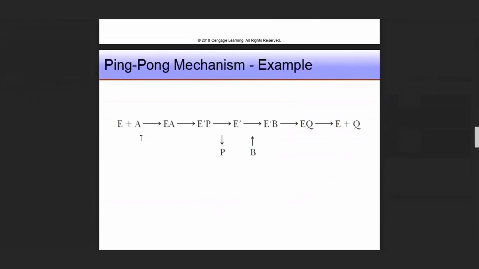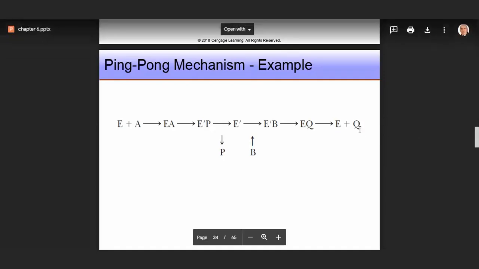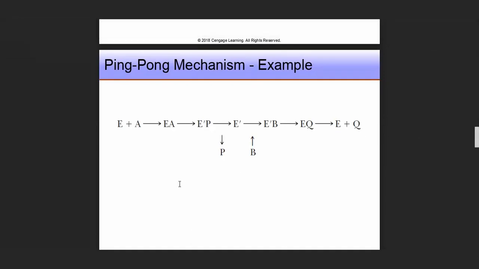In the ping-pong mechanism, the first substrate binds, then a reaction takes place, and the first product is released. Of course, here E prime is different than E, because of the reaction. Then substrate 2 binds to E prime to form E prime B, then the reaction occurs to form EQ, and Q is released. So this is ping-pong. You remember the game called ping-pong, like this.